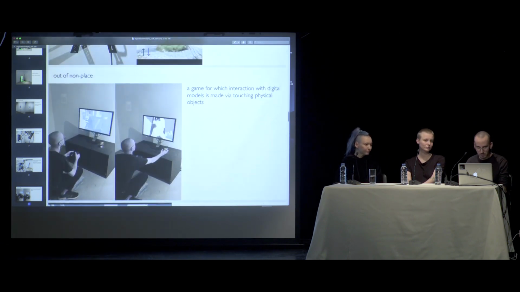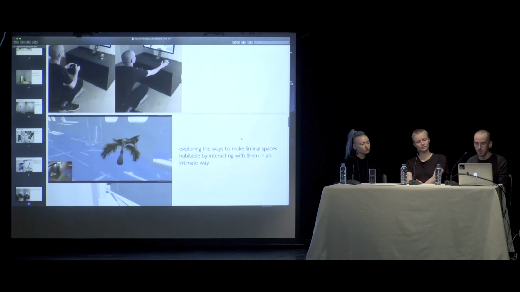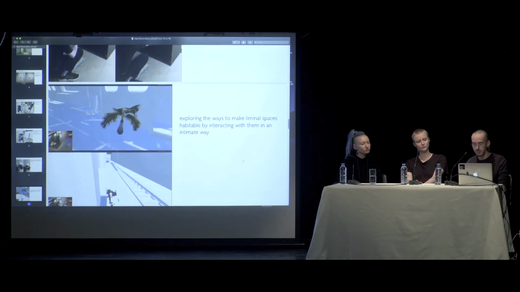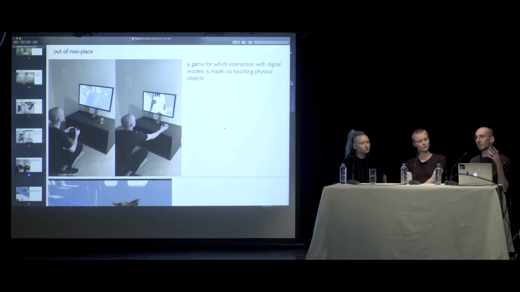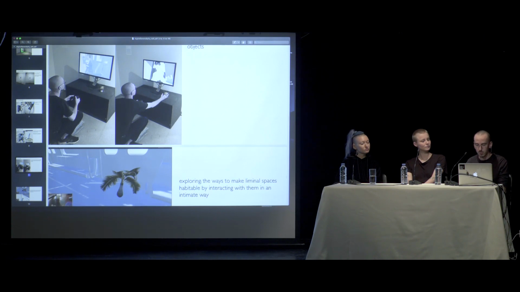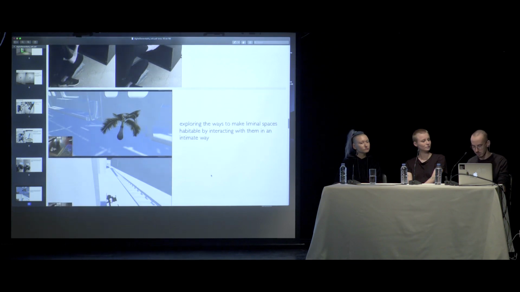The topic for it was non-places or liminal spaces, which describe spaces like metro and airports and things like that, which do not have some particular character to them and which are instead more schematic. In this work, I wanted to explore if we can make these spaces more inhabitable, if we can create alternative ways to interact with them in a more intimate way.